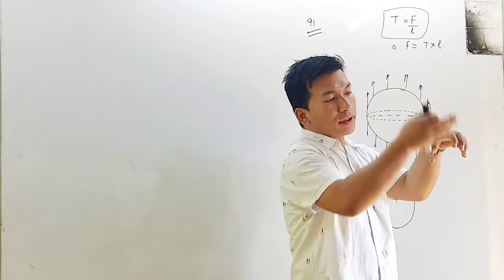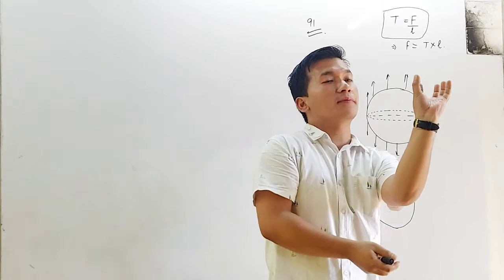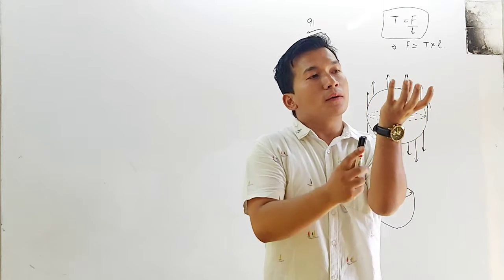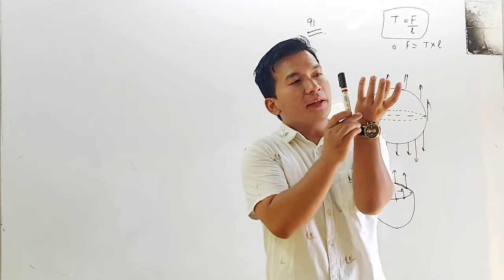Now it is cut into two equal halves, it will be like this. What must be the direction of surface tension here? It will be like this.